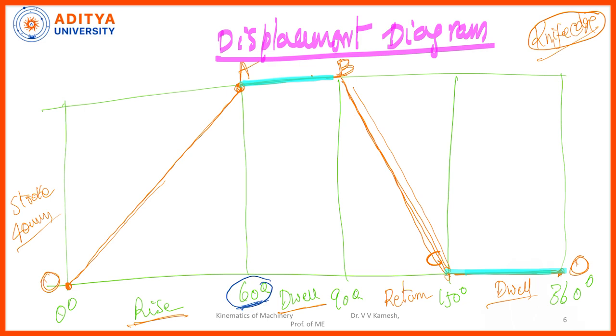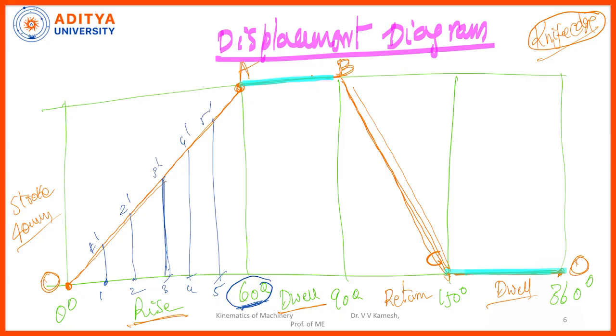So, for the benefit of your understanding, I will divide this into 6 equal parts. So, primarily it is 2 parts like this. I am dividing into 6 equal parts, right. So, this will be 1, 2, 3, 4, 5. This will be 1 dash, 2 dash, 3 dash, 4 dash, 5 dash.